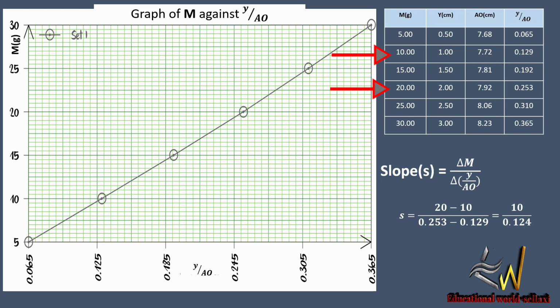So the slope now will be 20 minus 10 all over the corresponding values, which are 0.253 minus 0.129. And simplifying it, we now have that the slope S is equal to 80.6 grams. Remember the unit, the gram. That is very, very important.